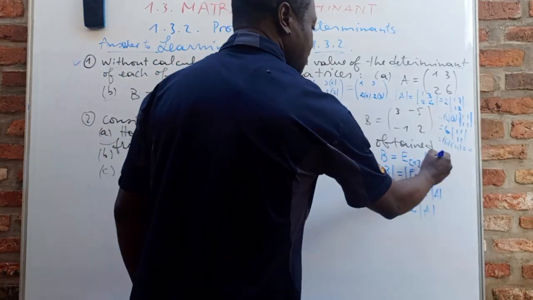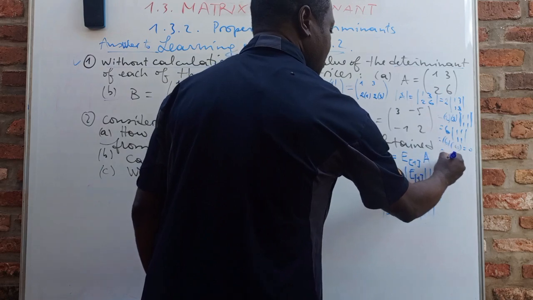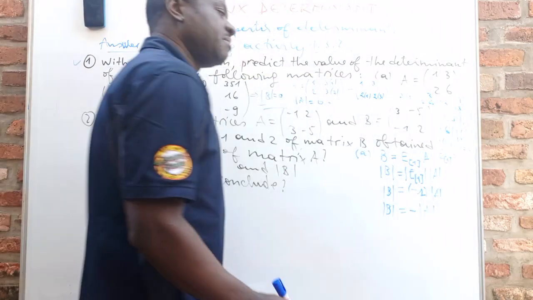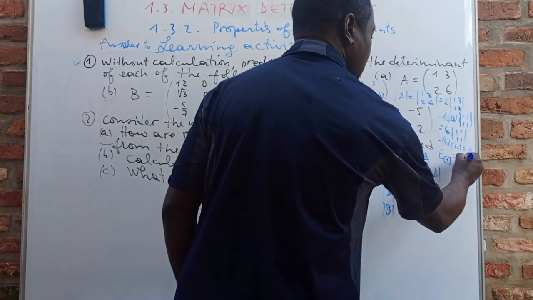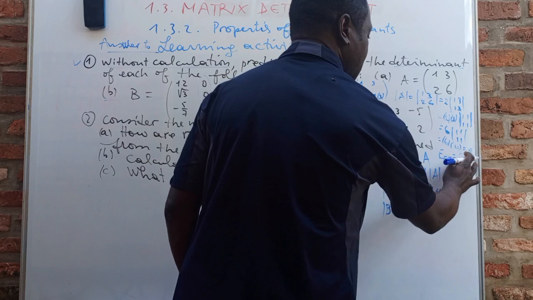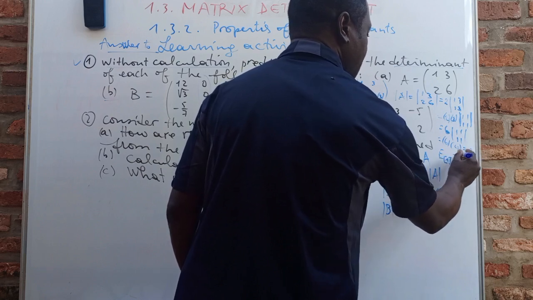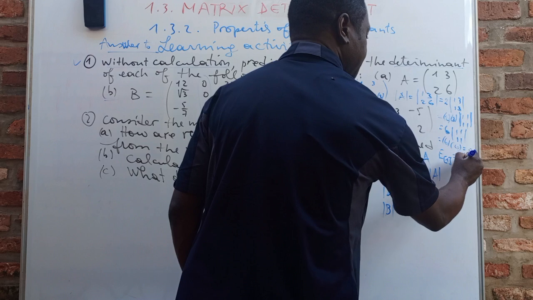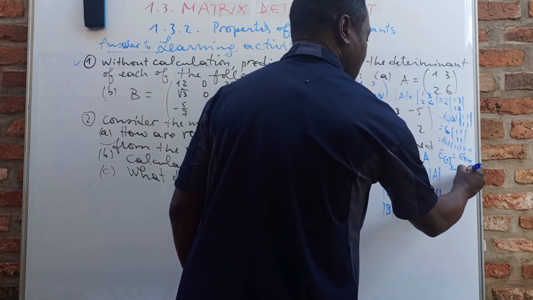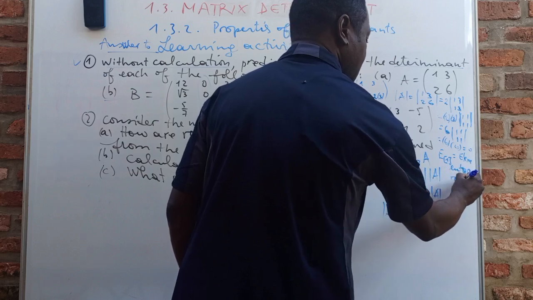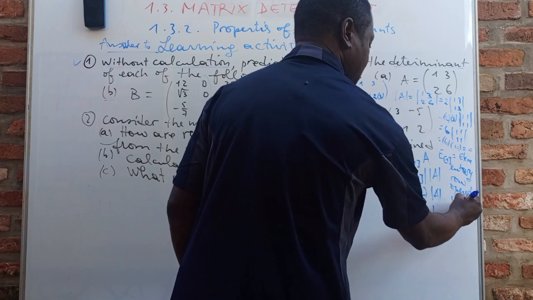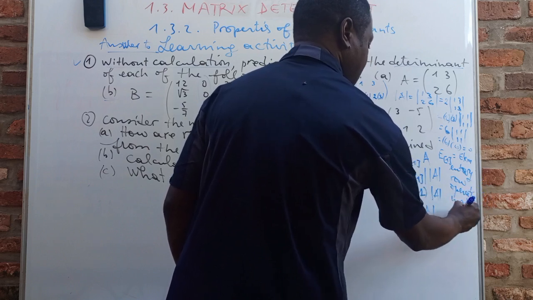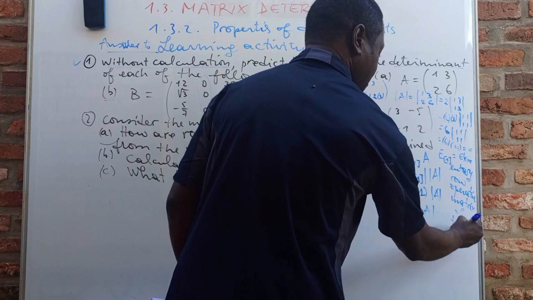Matrix E1 here is an elementary row operation matrix of type 1.